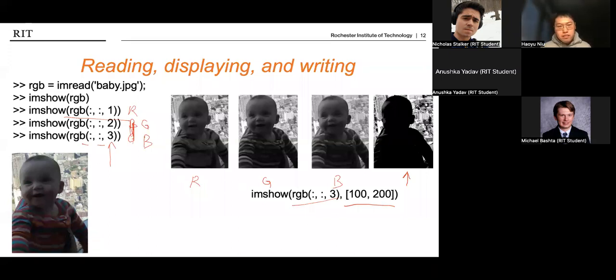Actually, for the values that are less than or equal to 100, it will display them as black. And for the pixel values that are greater than 200, it will display white. And for the values between 100 and 200, it will keep them as they are. Make sense?